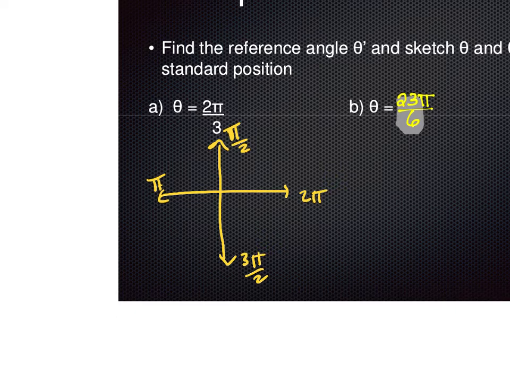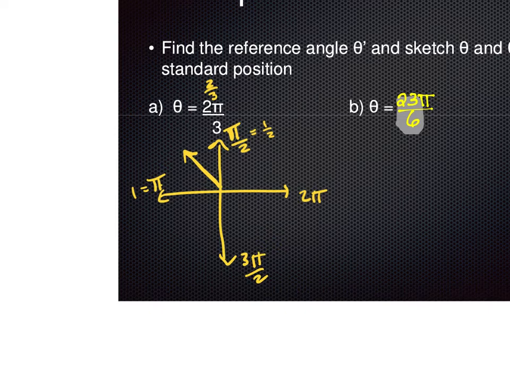So excluding the pi, this would be 1/2 and this is 1/2. Just thinking about the coefficient in front of the pi. Here we have 2/3. Oh, so this would be in the second. Yeah. So just looking at the fraction in front of the pi, we know that 2/3 is somewhere bigger than 1/2 but smaller than 1.